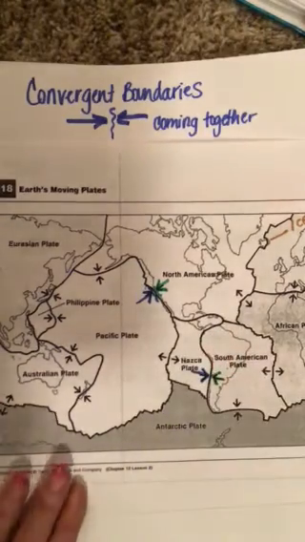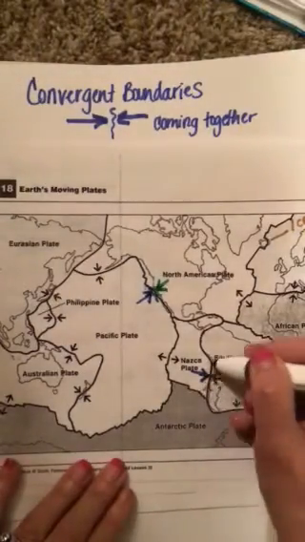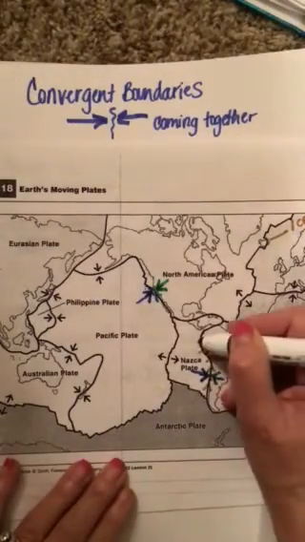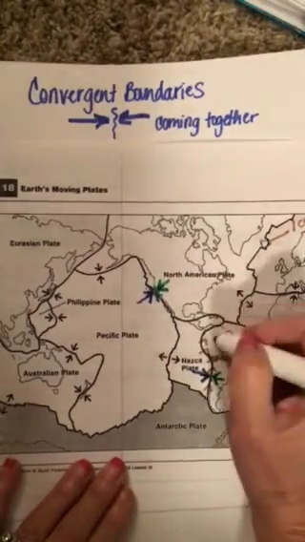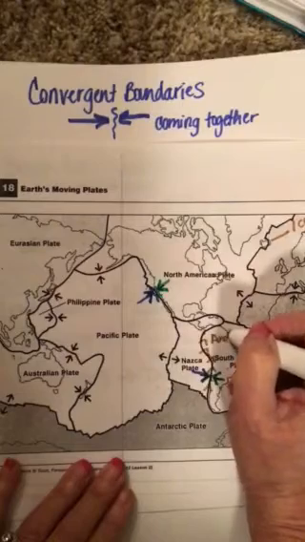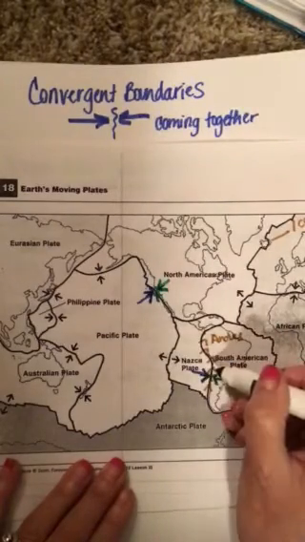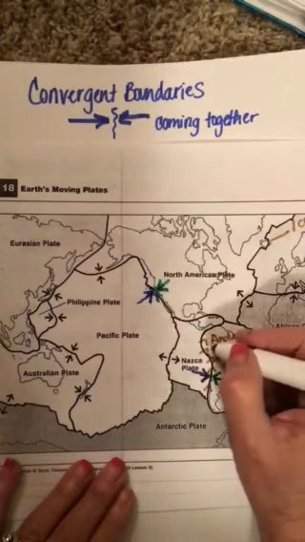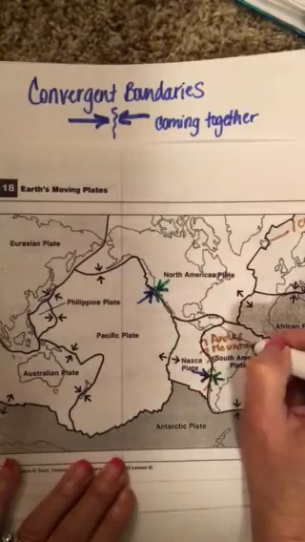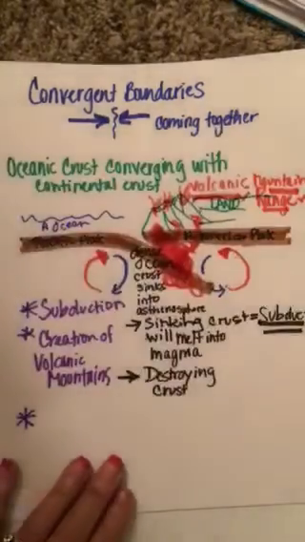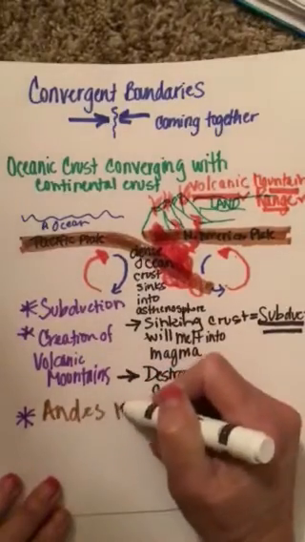Along in here you see all kinds of different mountains, and these mountains are volcanic in nature, and these are known as the Andes Mountains, and that's one of the most well-known types of oceanic crust meeting and converging with continental crust. So these are the Andes Mountains, and we'll add that here too.